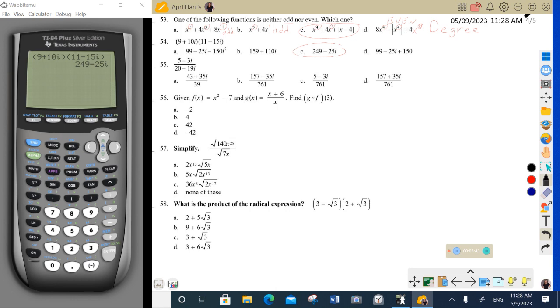55 is also an imaginary number question. Complex numbers. So we can put it in the calculator, but remember you can't type it in as a fraction. So what you have to do is say stuff divided by stuff. And then it's probably going to be a nasty decimal, and we're going to hit math, enter, enter. So stuff divided by stuff.